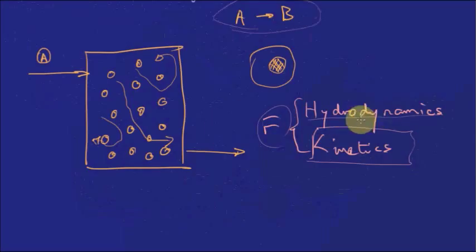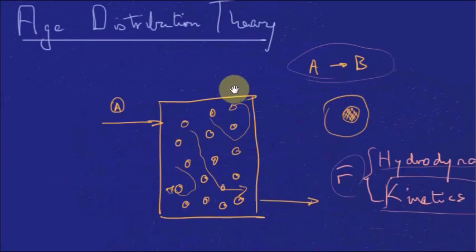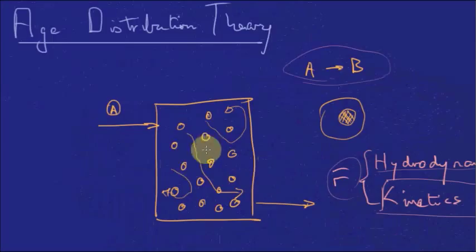So hydrodynamics is our emphasis, and we are going to, in a sense, characterize hydrodynamics in terms of age. So we know this is about age distribution theory. It links to how much time we've spent in there, and so we are going to try to estimate the age distribution, the proportions of fluid elements that have been there for different periods of time. We want to relate that to the hydrodynamics of the system.